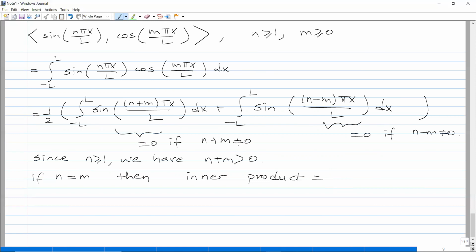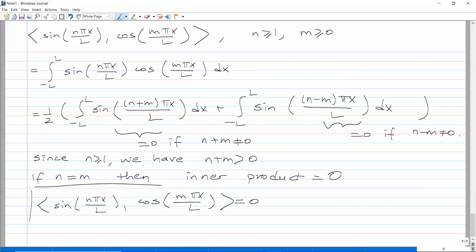So this integral is always going to be 0, even if n is equal to m, because sine 0 is 0. So this inner product is 0. Okay, this is equation number 3.